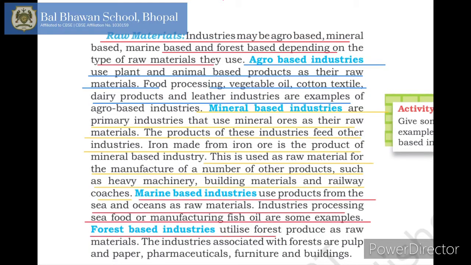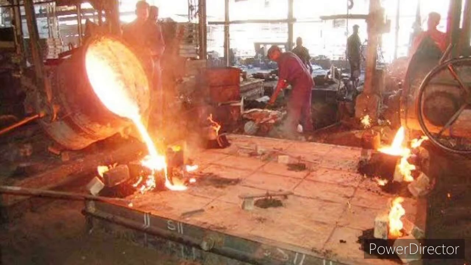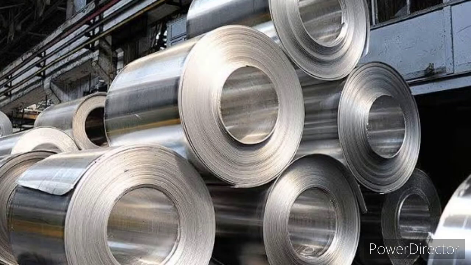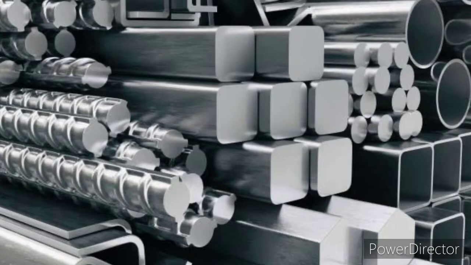When we talk about mineral based industries, these industries are primary industries that use mineral ores as their raw materials. So, in mineral based industries, these industries use ores of metal as raw material, and through the process of purification and separation of metal from its ore, they convert those metals into a useful product, and based on these products, the further industries are dependent.